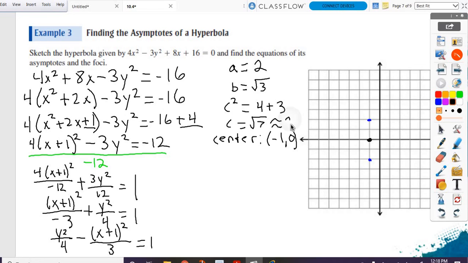Okay, so 2.6-ish. So for my graph, that's all I need. So I'm going to go up 1, 2, and then a little over half, and then down, and a little over half. Okay? But because it actually asks us to write out the foci, how would we write that as a set of points?